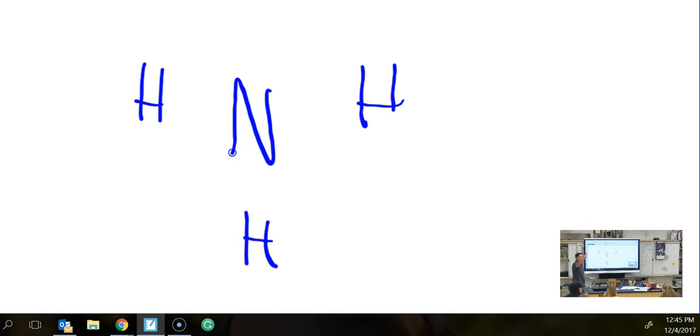Each line represents what? 2 dots. 1, 2, 3, 4, 5, 6. Almost everyone that was wrong did the following. They thought, all right, they're non-metals. They all need 8. Which is what I tell you. But sometimes I lie. Hydrogen, I don't know why it does that.